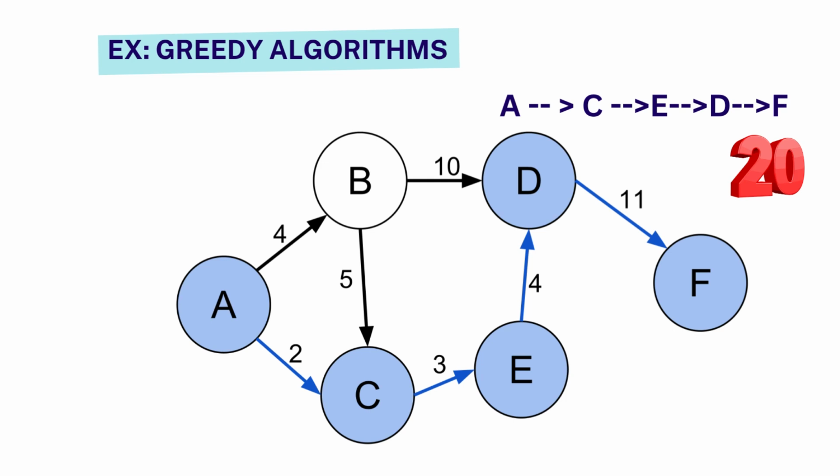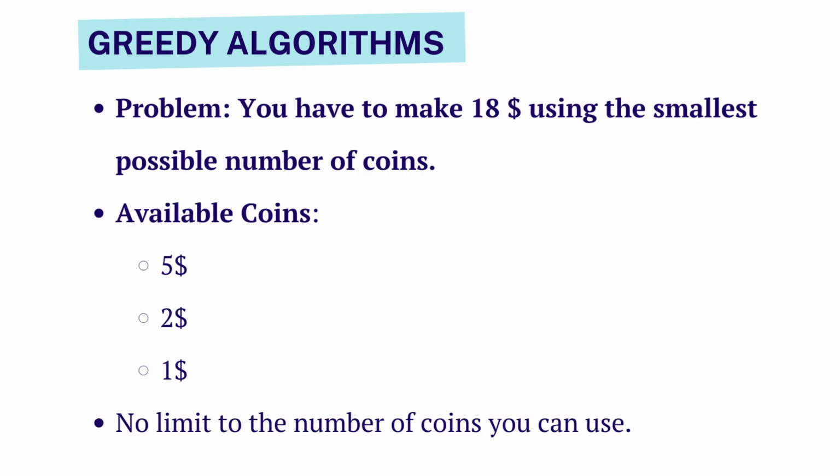Another possible pathway is ABDF, which takes 25. So in this example, the greedy algorithm gives you the global optimum by choosing the local optimal choice. Let's see another example of a greedy algorithm.